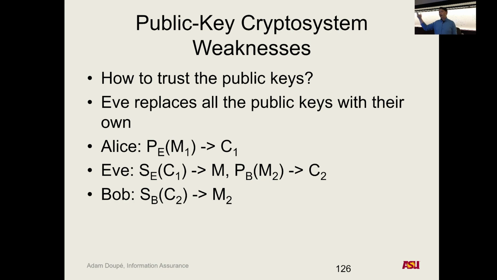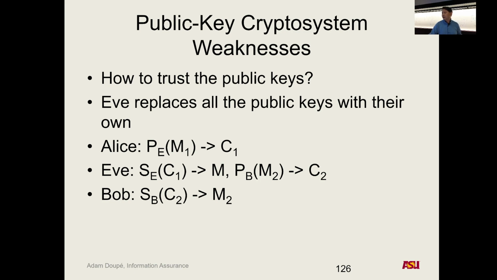Alice can access the public key of Eve because a public key is public, right? So anyone can access it. Alice encrypts the message with Eve's public key, producing ciphertext C1. Eve intercepts the message and decrypts it with her own secret key.